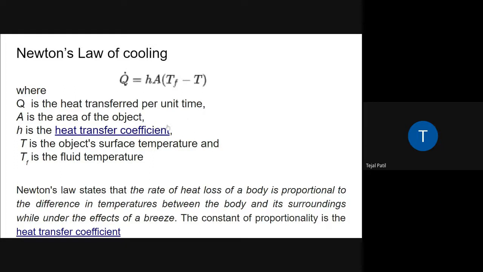Whatever heat transfers into that water, that heat transfer rate will depend on the surface area of that ball. Because the bigger the ball, the more area will be available, that means more heat will be transferred toward the water. So the area of that ball is very important, that's why it is directly proportional to the area.